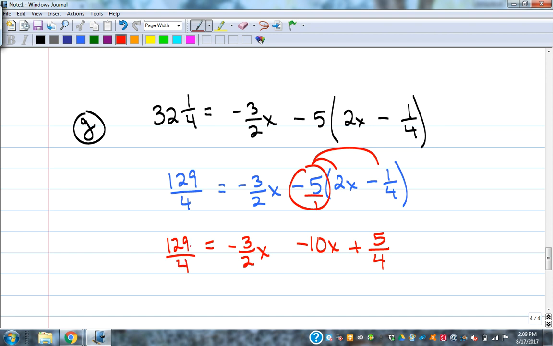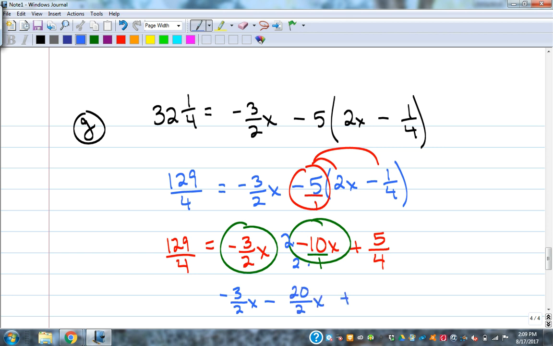All right, so I got like terms right here. 10 is 10/1. What would be the common denominator here? 2, so I'm on double. So that's really -3/2x minus 20/2x plus 5/4.